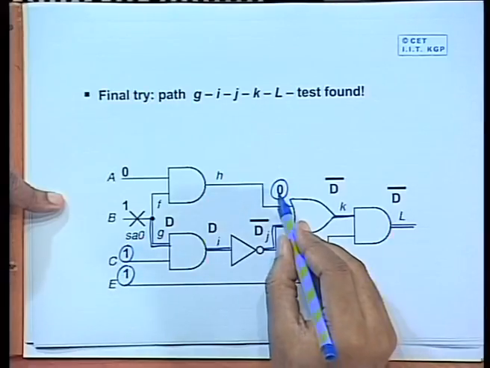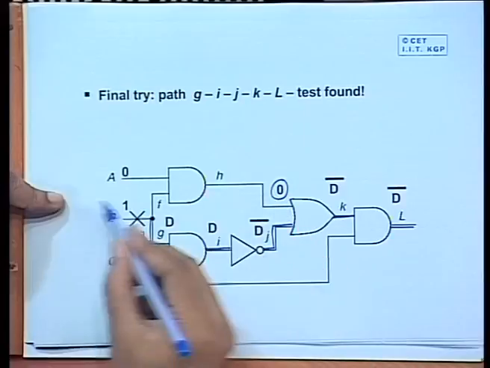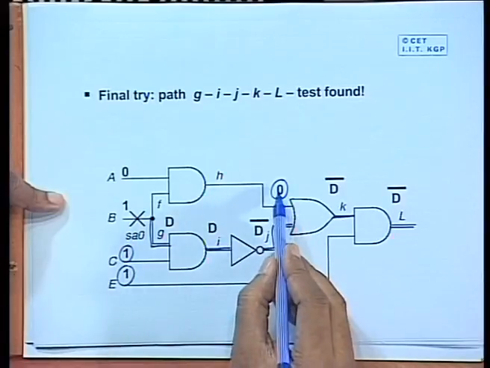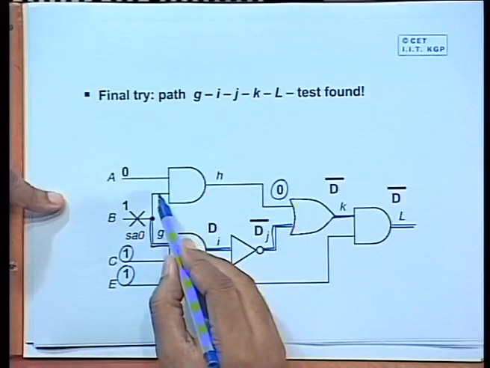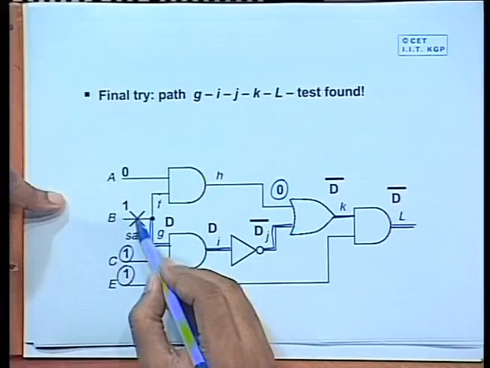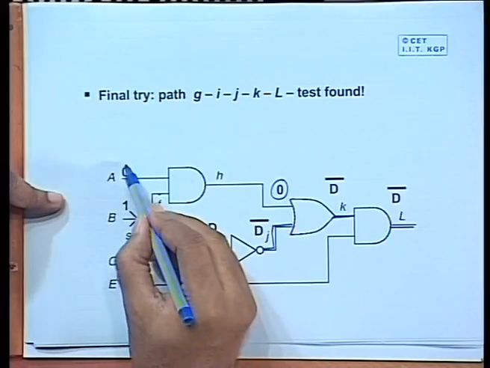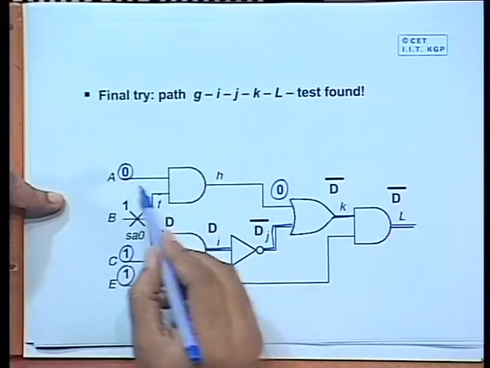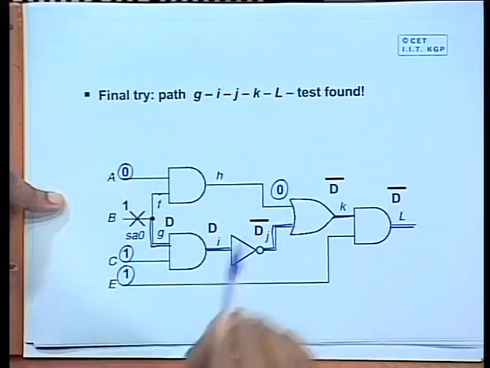Now, this is an OR gate, in order to apply 0 here you backtrack, but you cannot apply a 0 here because you are affecting a change here, but the other input you can always apply a 0. This is an AND gate, if you apply a 0 here, this will always be 0.